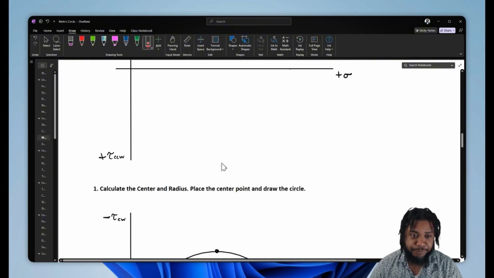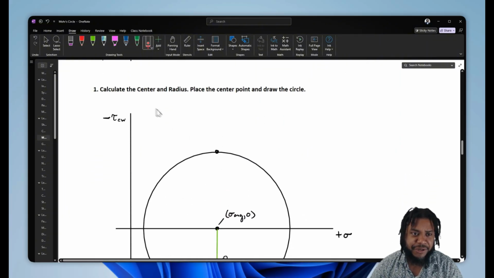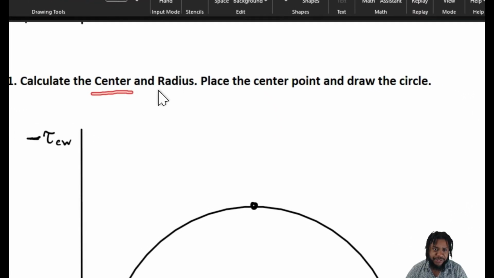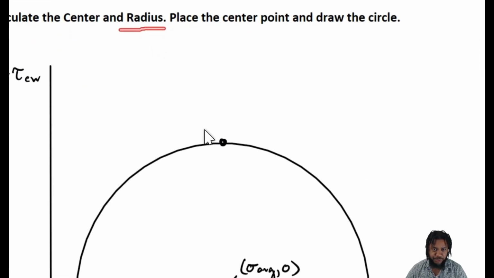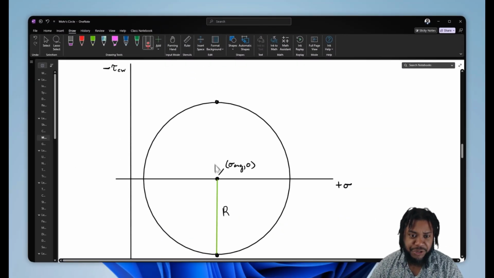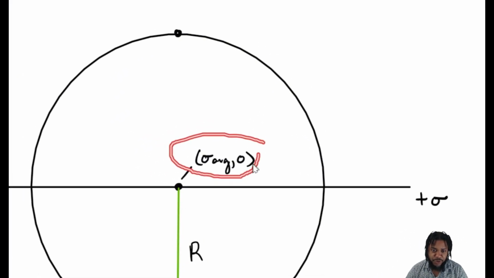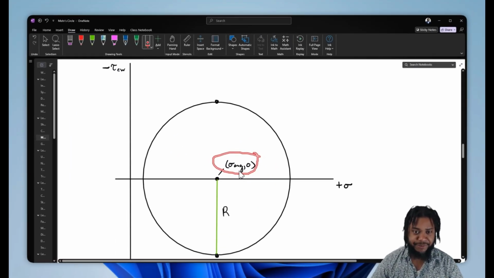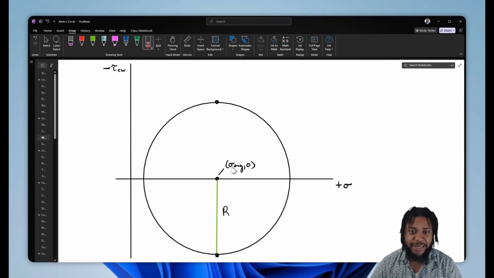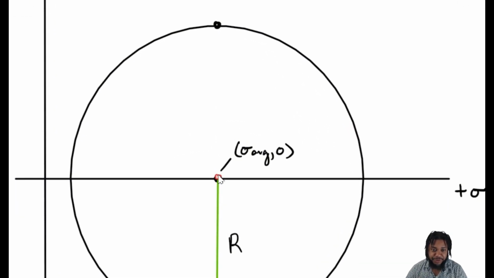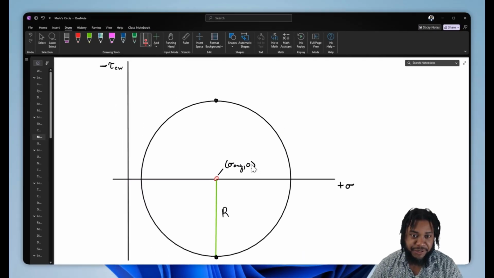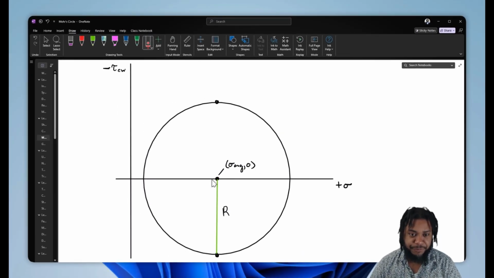Our second step is then to calculate where the center of our circle is and the radius of our circle. The center of the circle is where our average normal stress is. So sigma x plus sigma y divided by 2, that is the center. And in terms of shear stress, 0.